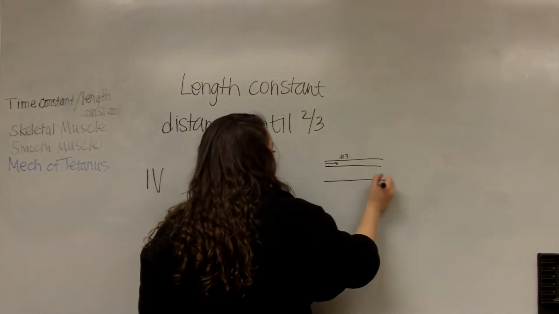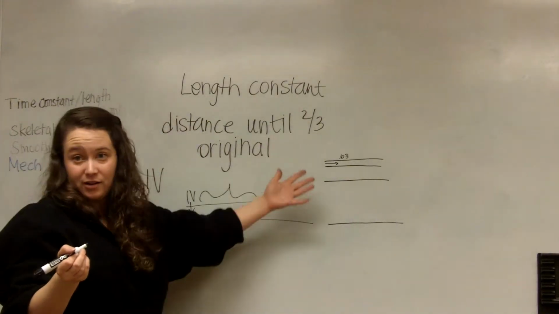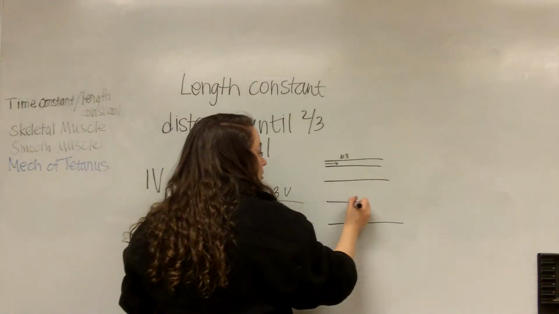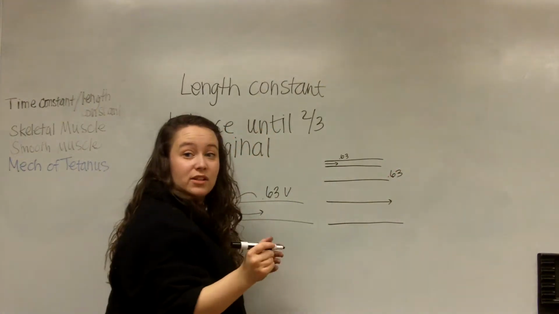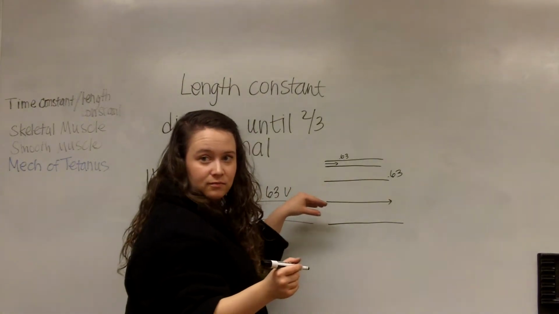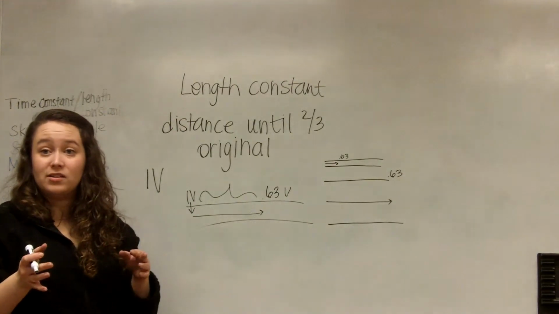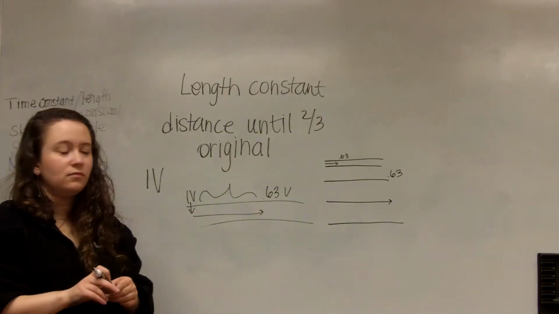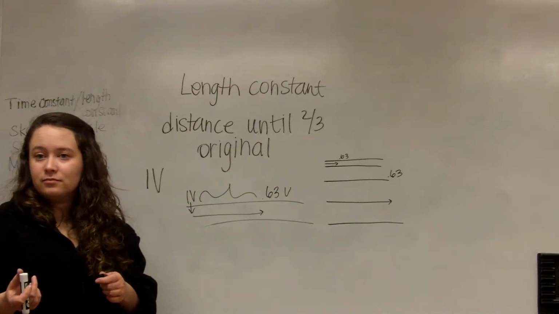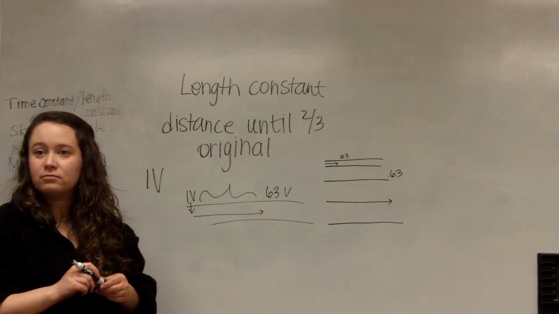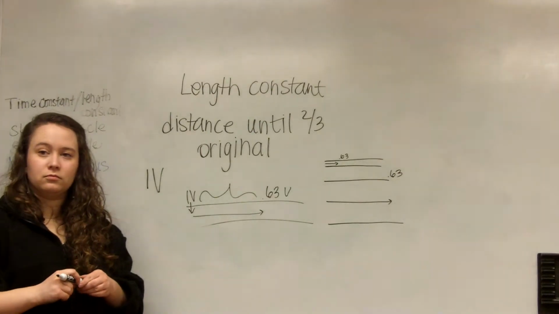Whereas if you have a really massive axon, comparatively speaking, you can get a lot further before it dissipates, because you can take the path of least resistance in the smack center, and there's not as much internal resistance in a large axon as there is in a small one. So that means that if you have a large axon, you can travel further without losing your charge. So it's depending on the actual size of the axon.